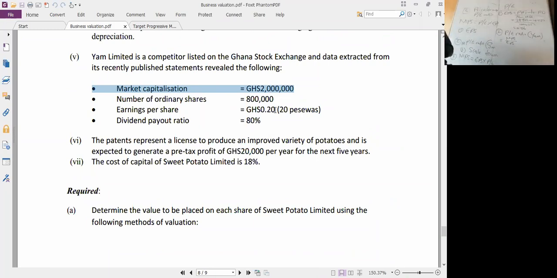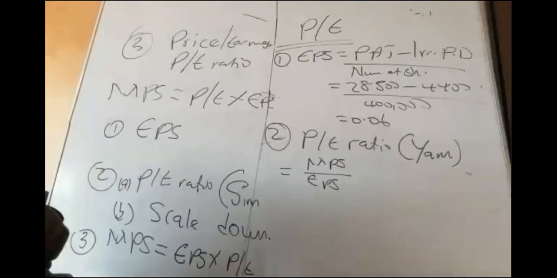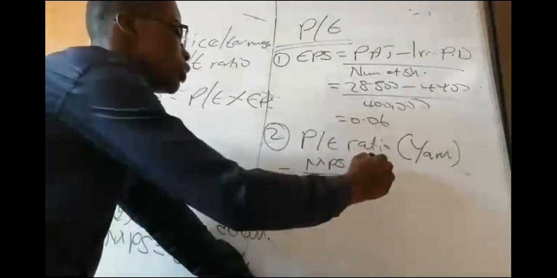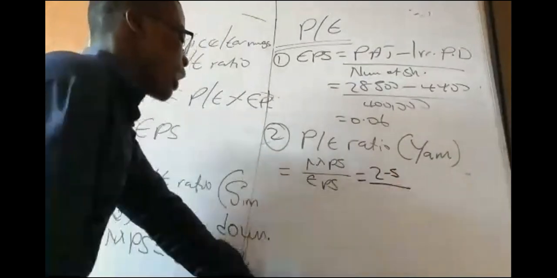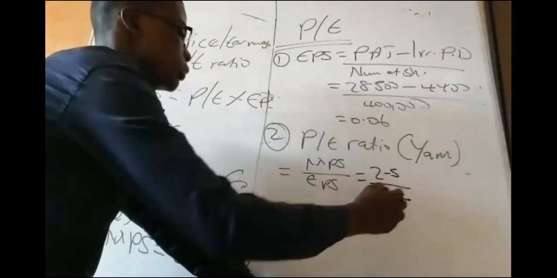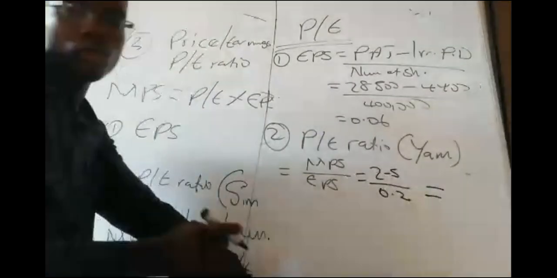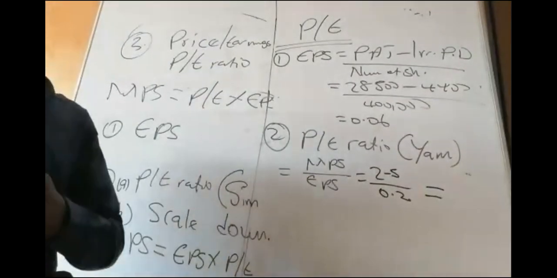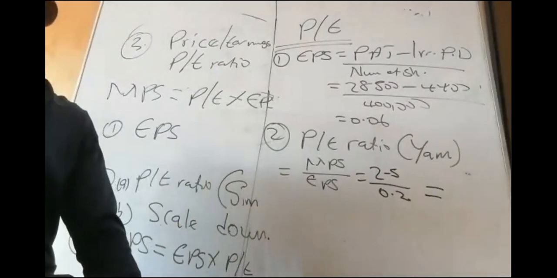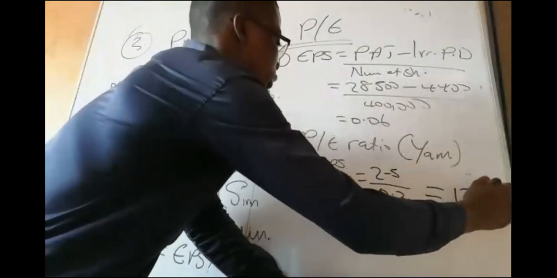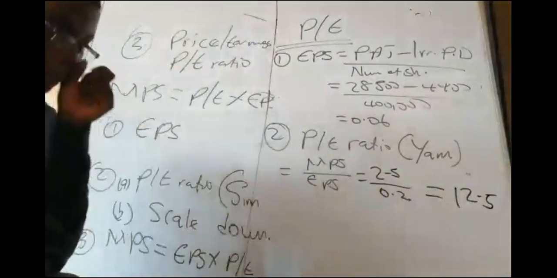Earnings per share is given to us as 0.2. So it's just the inverse of the earnings yield, which is 2.5 divided by 0.2. And this gives us a price earning ratio of 12.5. That's the PE ratio.